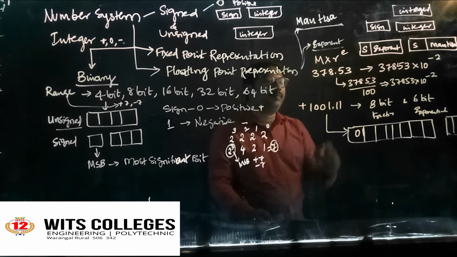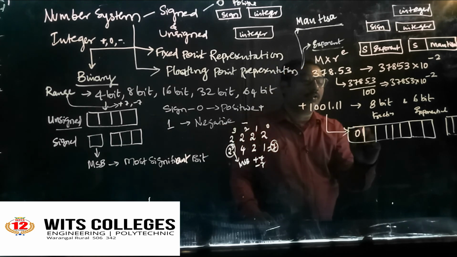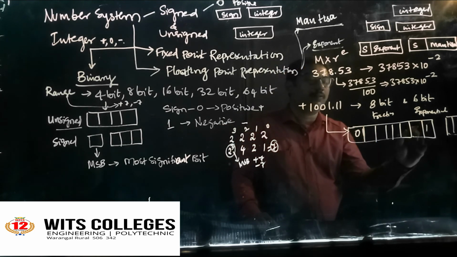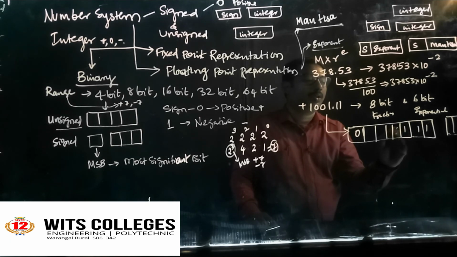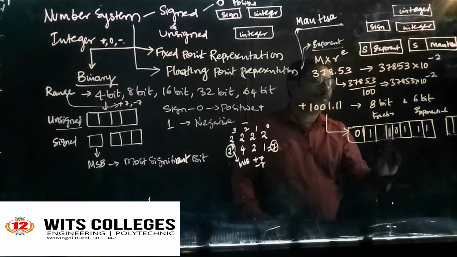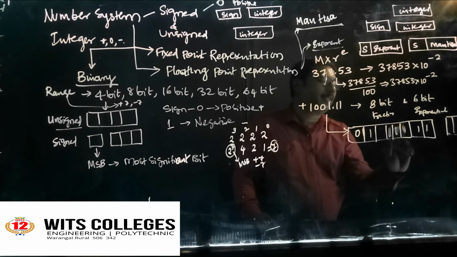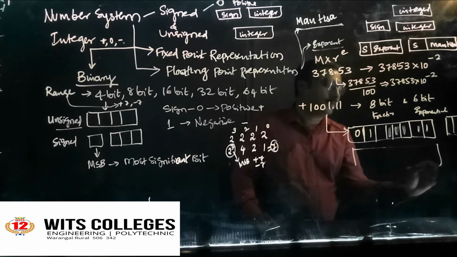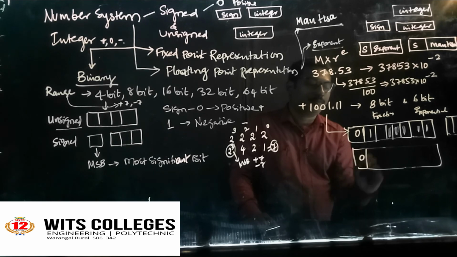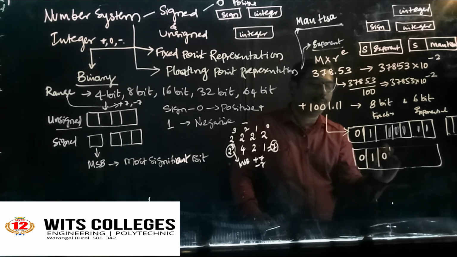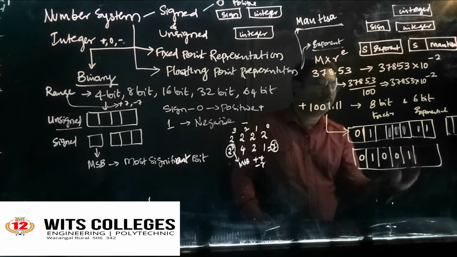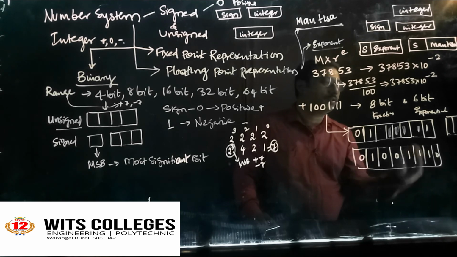In this 8 bit column, I have to represent. So I will start from here 1, 1, 1, 0, 0, 1. So what I have to do is I will draw here again 0, 1, 0, 0, 1, 1, 1. 1, 2, 3, 4, 5, 6, 7, 8 bit is 0.